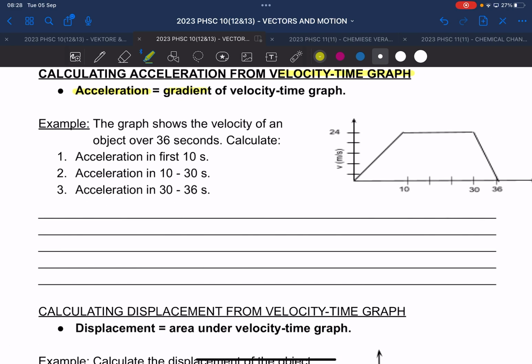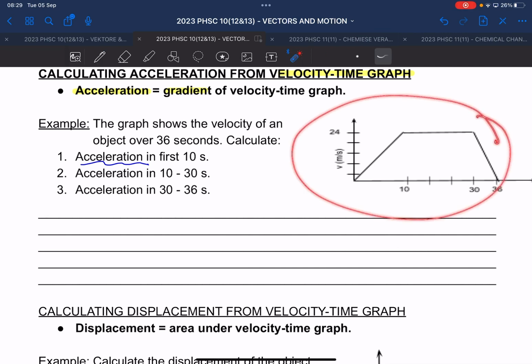We're going to go to the bottom in a moment. I first want to do this. It says there, the graph shows the velocity of an object over 36 seconds. Then they ask, calculate the acceleration for the first 10 seconds, 10 to 30 seconds, 30 to 36 seconds. If they ask you to calculate the acceleration, you say, okay, where do I find acceleration in this graph?